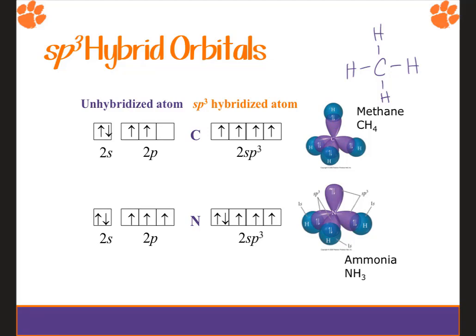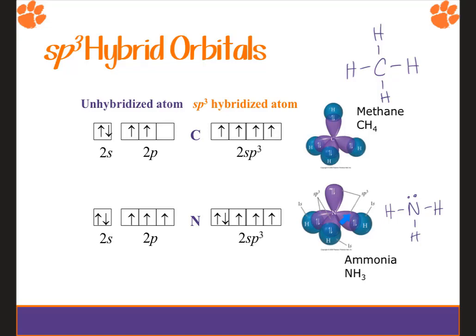You can do the same for ammonia, NH3. Again, if you draw your Lewis structure, we see we have 1, 2, 3, and the lone pair makes 4 areas of electron density. So we know that our electron geometry from the first part of chapter 5 is going to be tetrahedral again.